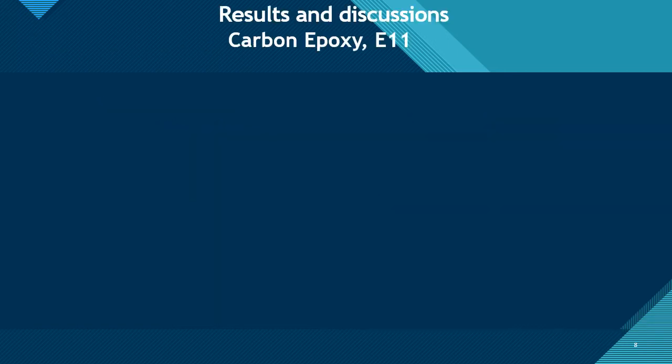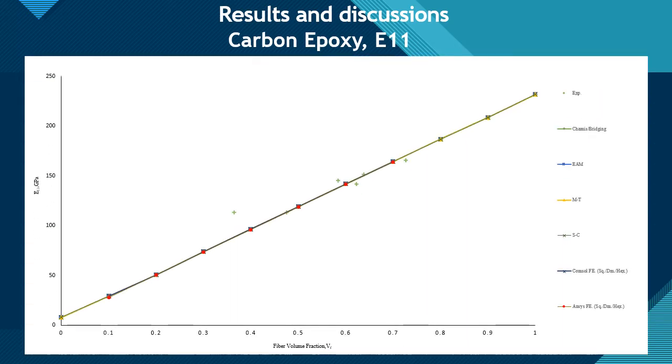So first we will look at the result of Young's modulus in the fiber direction for carbon epoxy. As we can see, the results are pretty close to the experiments here. Actually, all the models are predicting pretty much the same results for Young's modulus in the fiber direction, as you can see.